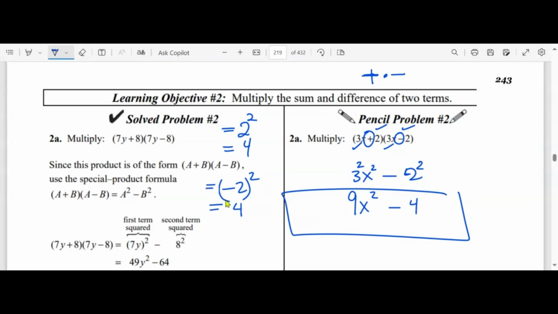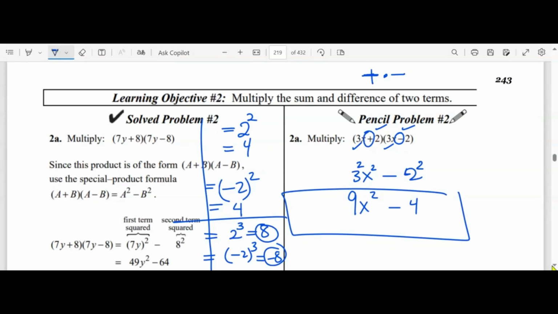Here, if you put a negative on top. For example, 2 to the power of 3, is it the same as negative 2 to the power of 3? No. It's going to give you a different answer. So please notice the difference. They are not the same.